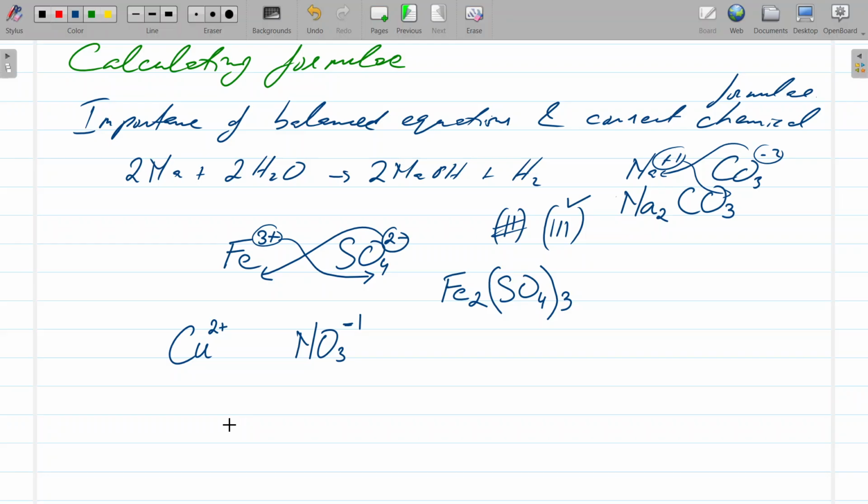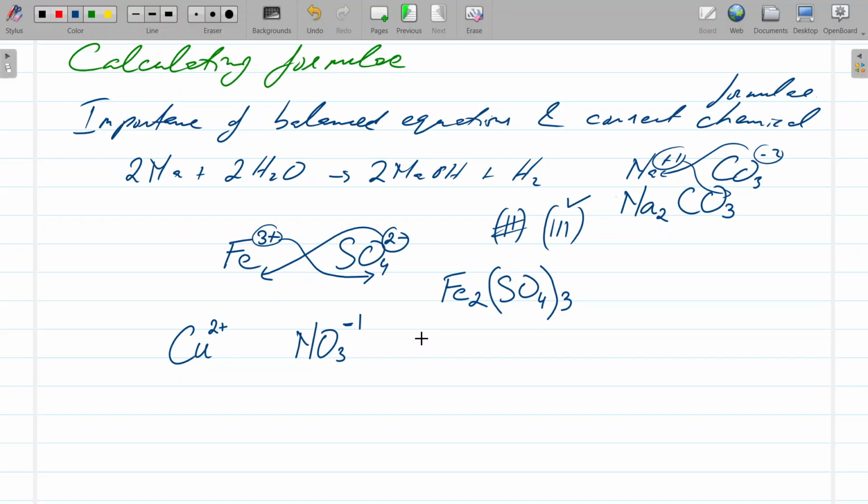So what would the chemical formula of copper 2 nitrate be? Copper nitrate 2?